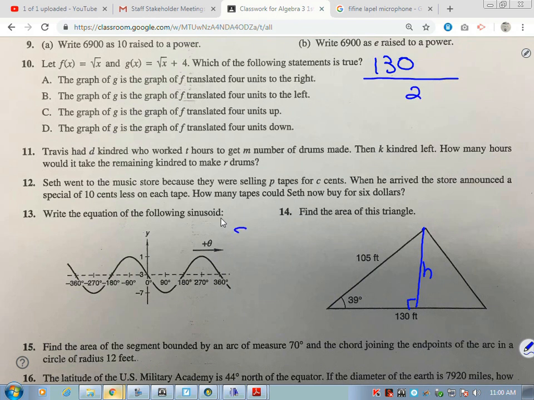But we're going to do sine 39 equals h over 105. So we just need to do 105 sine 39 in order to find the height, which comes out to 66.08.